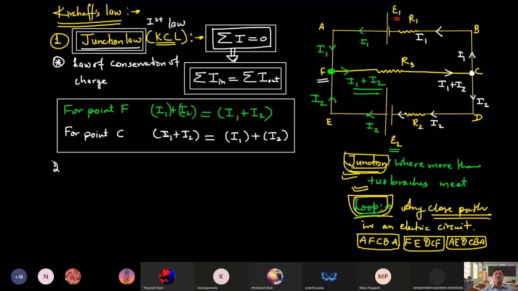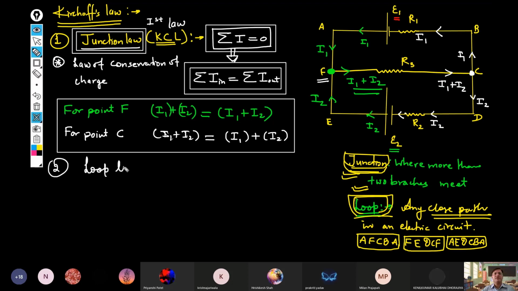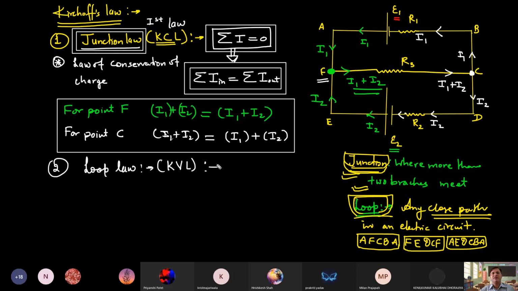Now we will talk about the second law. The second law is known as the loop law. This loop law is known as Kirchhoff voltage law, KVL. Now what is this Kirchhoff voltage law?